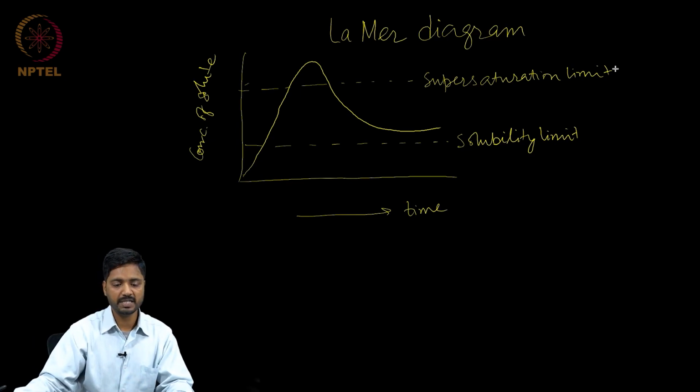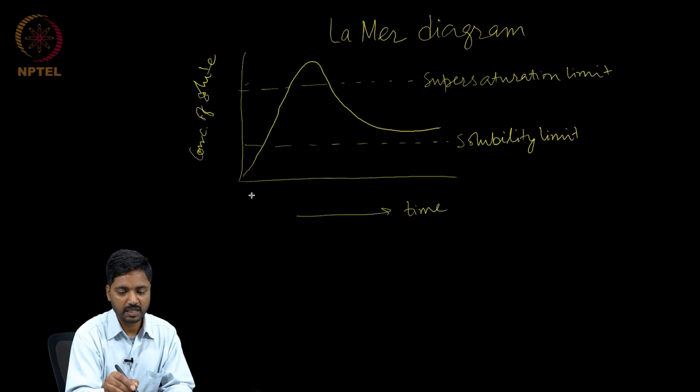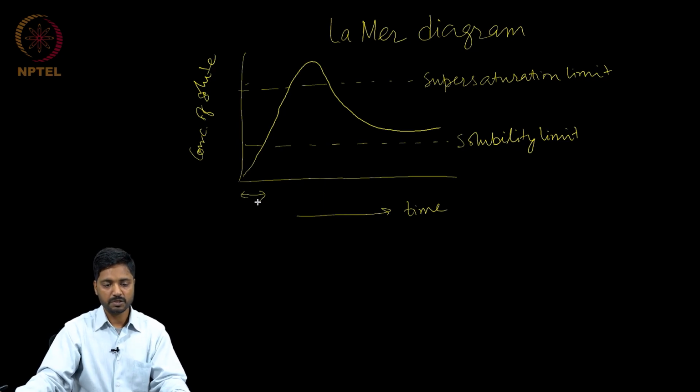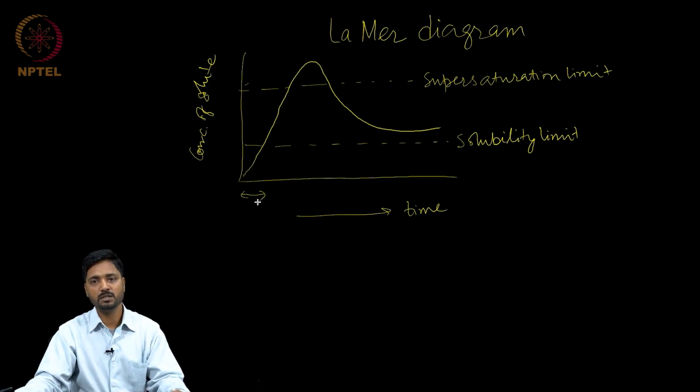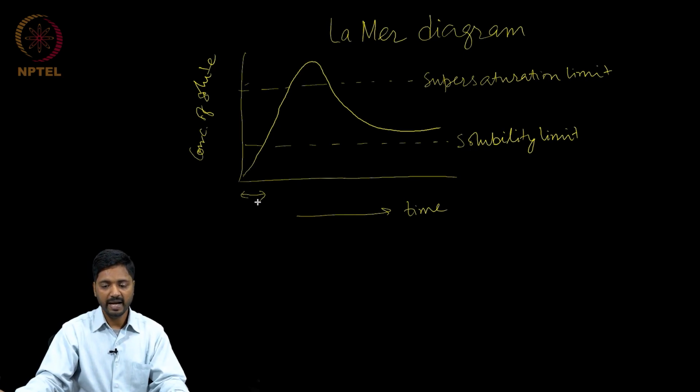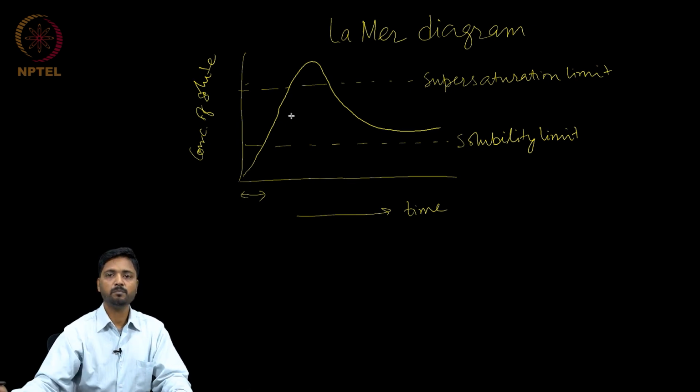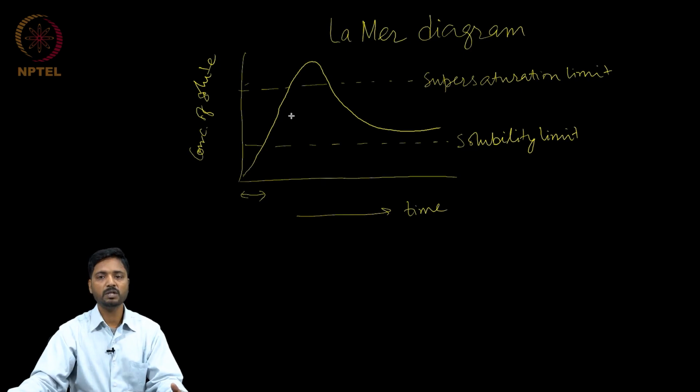Initially, in this time regime, we have the concentration of the solute being lower than the solubility limit. So, it would be nicely soluble in the medium in which the particle is being formed. As we cross the solubility limit, the particle does not immediately start forming.